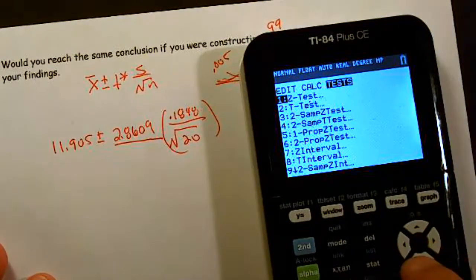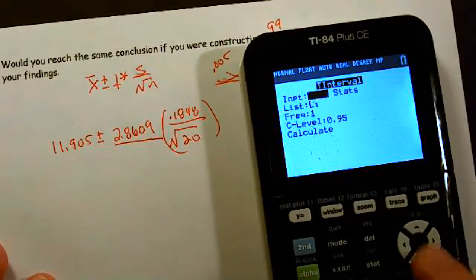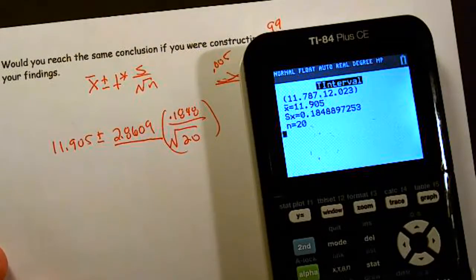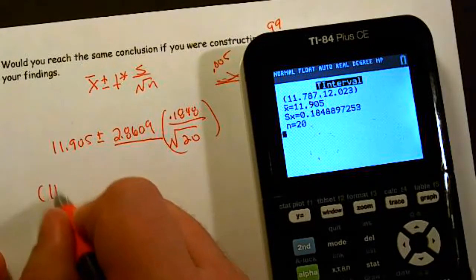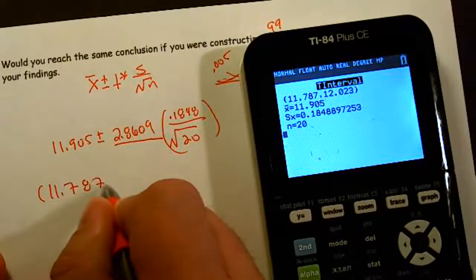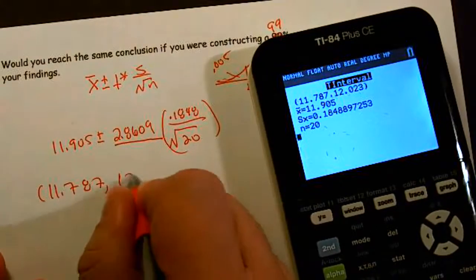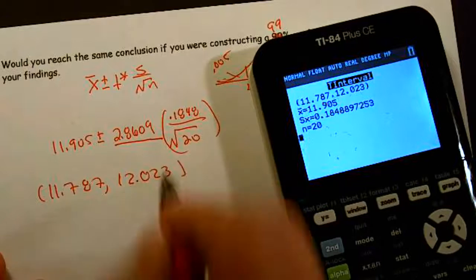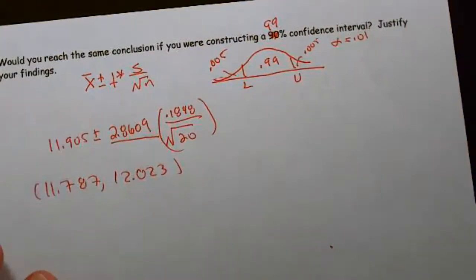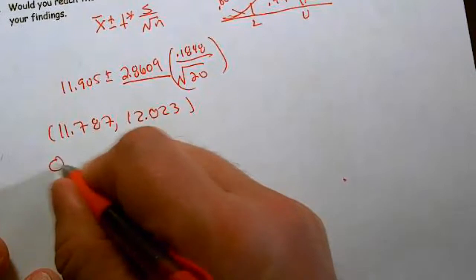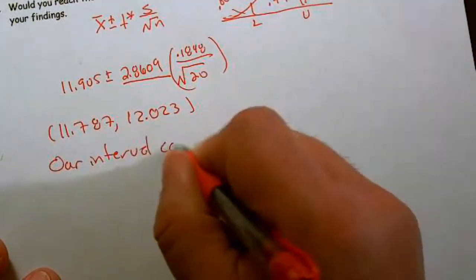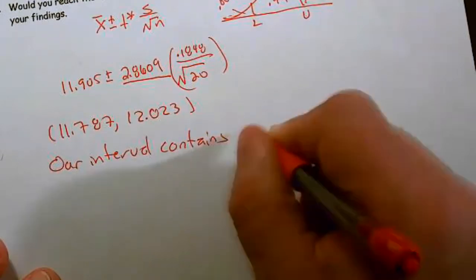Now we can go ahead and run the test. Stat test number 8, which is a t interval. And I need to change my confidence level to 0.99. And in this case, we get 11.787 and all the way up to 12.023. And guess what? Our interval contains 12.